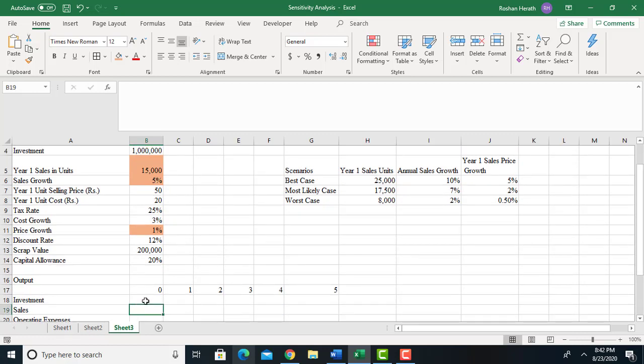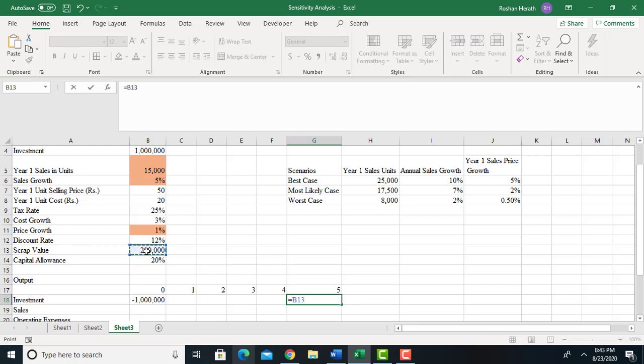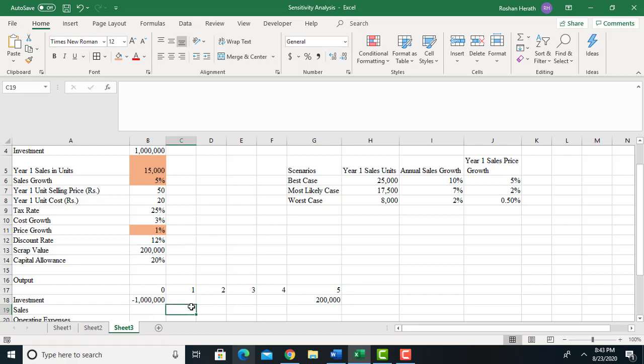The initial investment, you can see that it's a cash outflow of 1 million. Then at the end of the project, you would be having a kind of scrap value. It's also given, it's 200,000. Got that information. Then the sales information is given. It says that the year 1 sales in units is 15,000. Year 1 price should also be there.